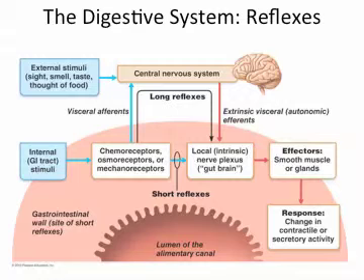The sensory afferent neurons in the parasympathetic nervous system will sense stretch of the tube and send that information via visceral afferent neurons to the central nervous system, and that's what the blue line shows. In the cartoon, you can see the internal GI tract stimuli, and then a blue line to a box that says chemoreceptors, osmoreceptors, or mechanoreceptors.